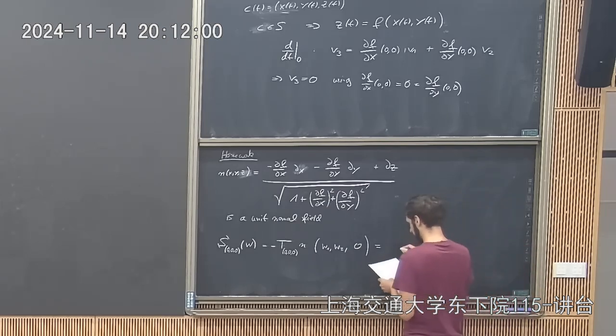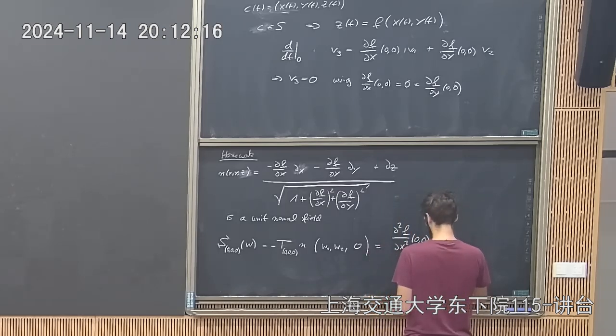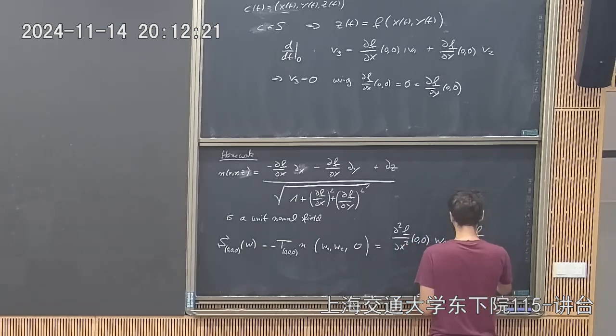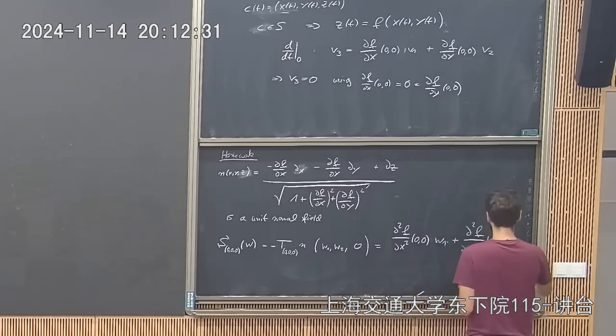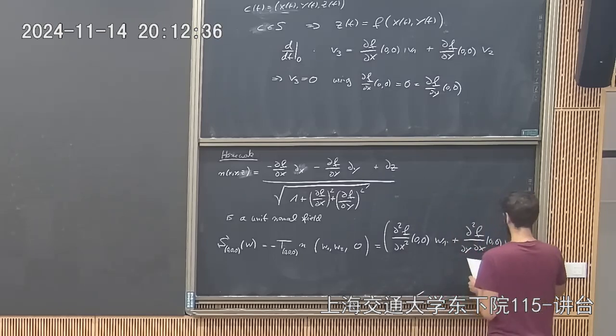So what you end up with after some calculation is that we have certain directions. So that's again a vector field.